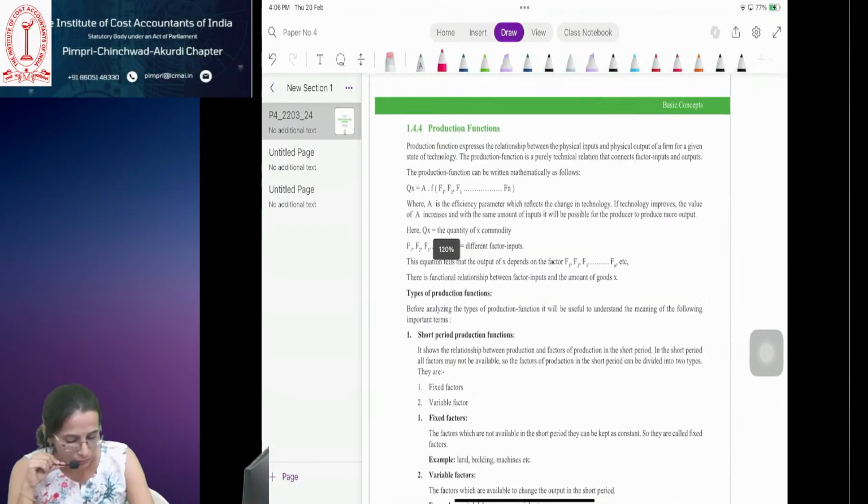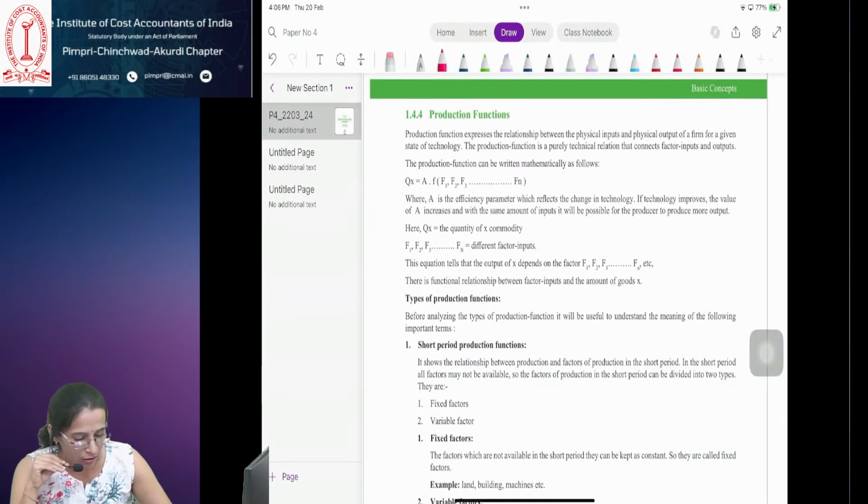Now, what is production function? What will production function show? It will show the functional relationship between the factor inputs and the output at a given level of technology.